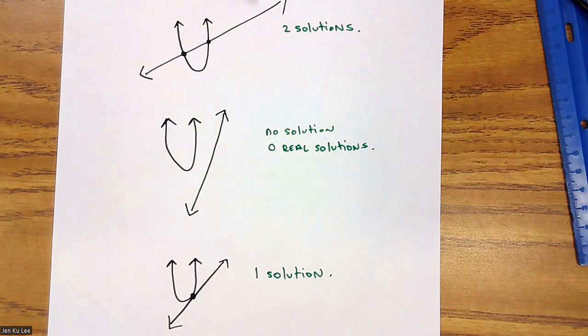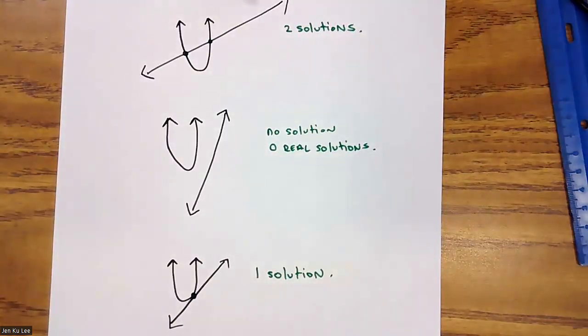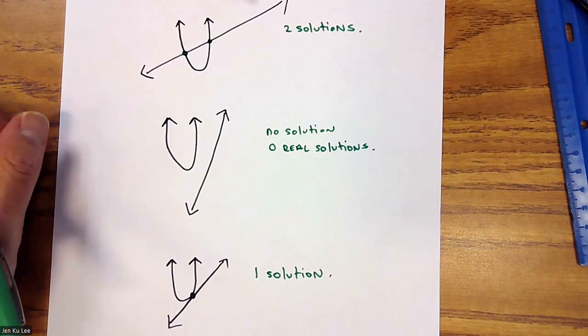Starts with a D. The discriminant, right, of the quadratic equation. Whenever we're dealing with a quadratic or a parabola, our solutions can always be linked to that quadratic formula, right?